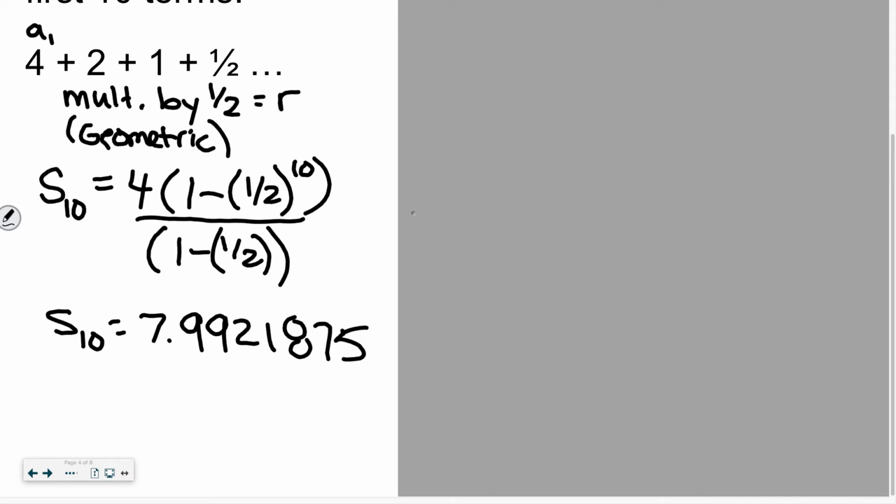How many people did it with the fraction button and then got a mixed number out? So what is that one? 7 and 127 over 128. Okay, that's the same thing. That's fine, no big deal. I accept both of those.